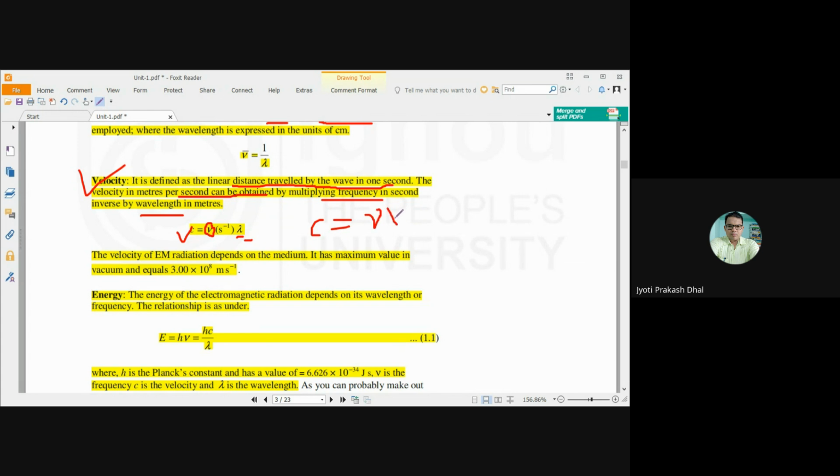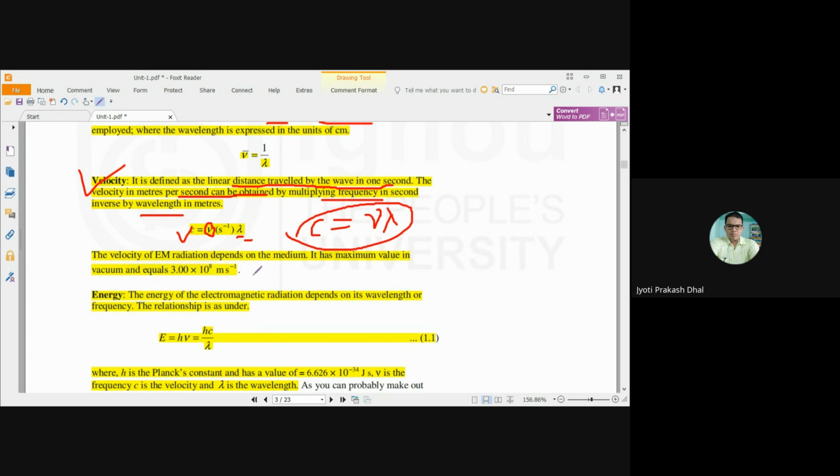Here c is the velocity of electromagnetic radiation, which for any type of electromagnetic radiation is generally considered as 3 into 10 to the power 8 meter per second. So c equals nu into lambda, and hence nu equals c by lambda.